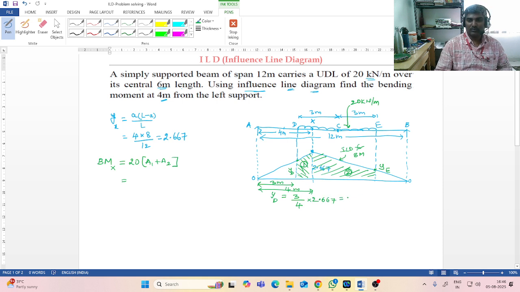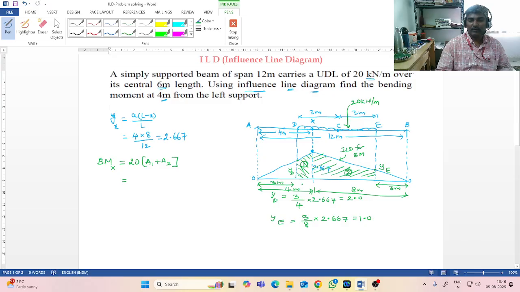It comes out to 2.0. Similarly, this is 3 meters and this is 8 meters. So YE comes out, from similar triangles, to 3 by 8 times 2.667. This comes to 1. Once we get these values, now we are able to write the areas.